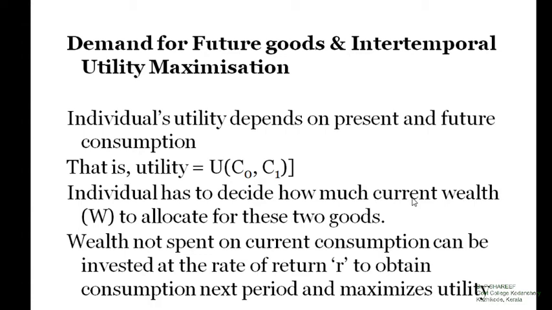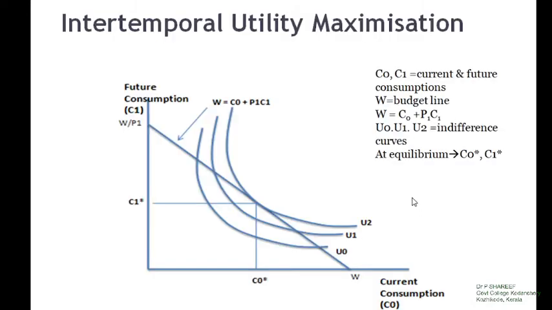Wealth not spent on current consumption can be invested at the rate of return to obtain consumption next period, and then the individual maximizes utility. Now intertemporal utility maximization can be graphically shown as given here.